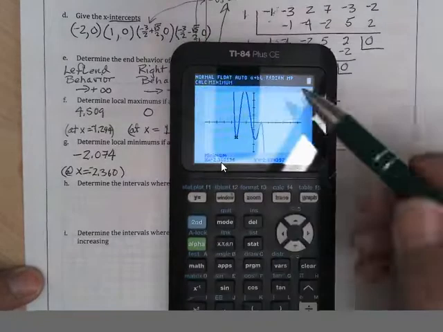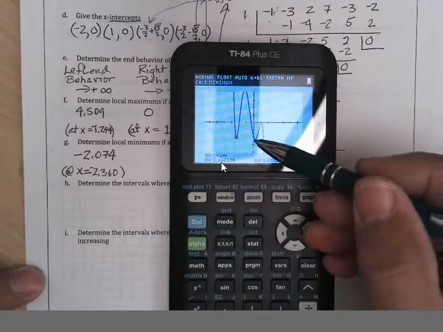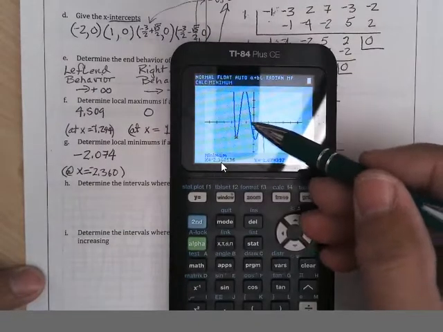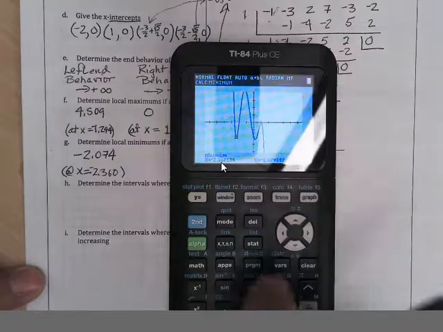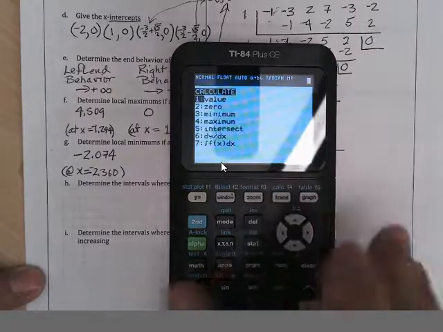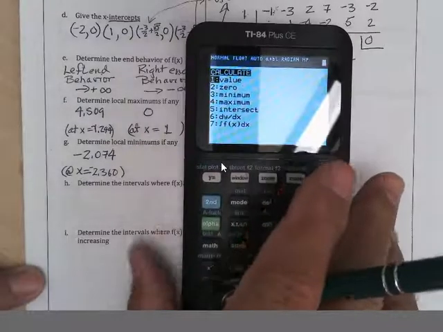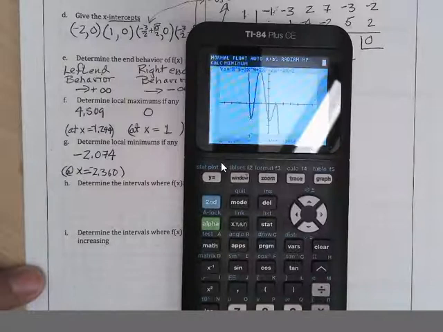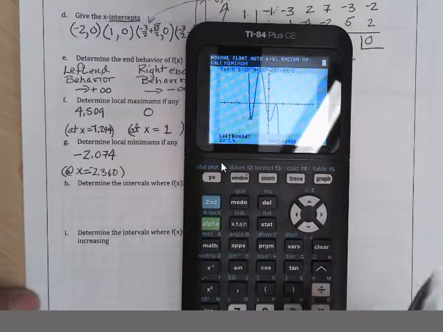And there's another minimum right there that's happening between x equals 0 and x equal 1. So second, calculate the minimum that's between 0 and 1.